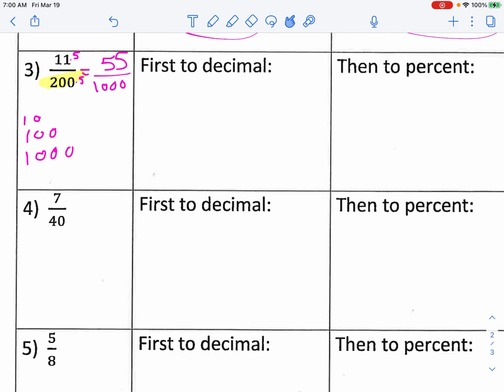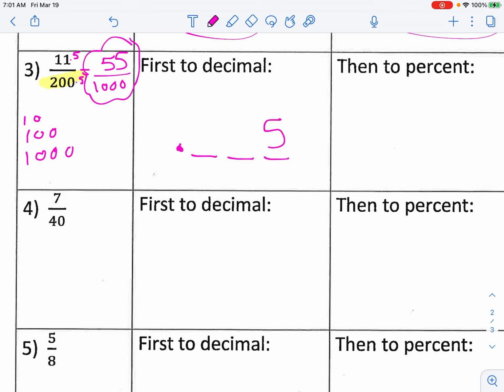If this fraction is read 55 thousandths, then I have to write the decimal 55 thousandths. Think about place value. Tenths, hundredths, thousandths. If the fraction is 55 thousandths, the last digit has to go in the thousandths place.